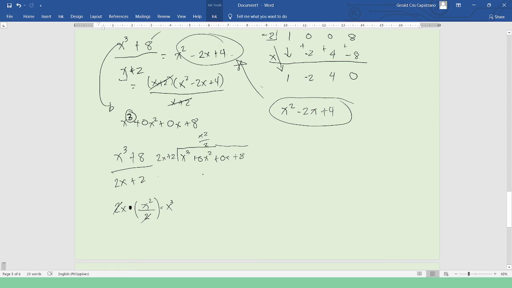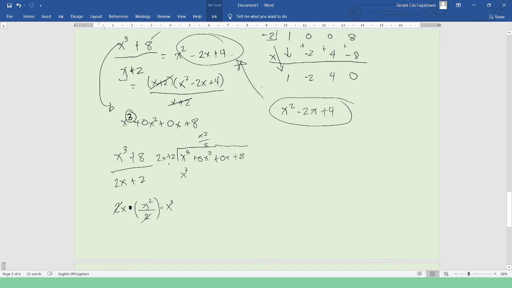Then, what's next? So, next lang natin kailangan gawin dyan ay i-multiply lang natin tong x squared over 2 dito sa 2x. So, magkakaroon tayo dyan ng x cube kasi yun yung plano natin gawin kanina.